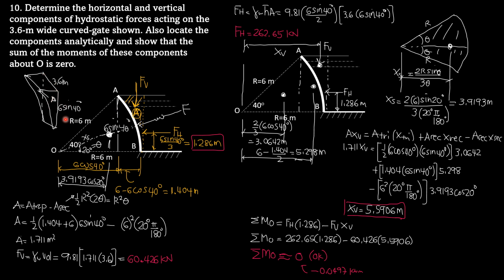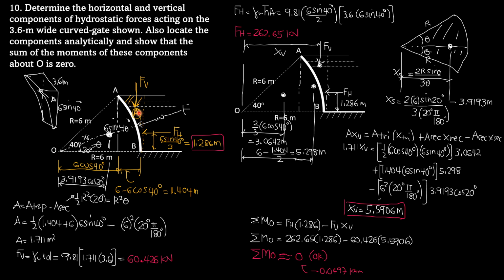And this side projected surface is rectangular, 3.6 by 6 sine 40. So FH therefore is acting 1/3 because the pressure diagram is triangular, 0 to pressure at the bottom, 9.81 times quantity 6 sine 40. So that is 1/3 of 6 sine 40 degrees, so it is 1.286 meters. So this is one of the answers. The location of FH is 1.286 meters from the bottom.